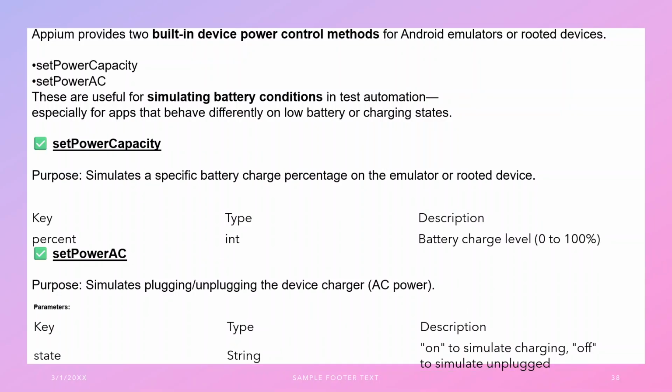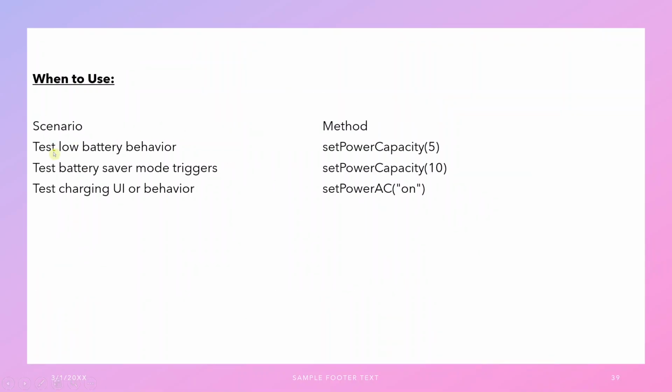Okay. So when do we use these methods? To test the low battery behavior, we can use the power capacity, and to test the battery saver mode triggers. So for low battery, I want to see how my application will work.